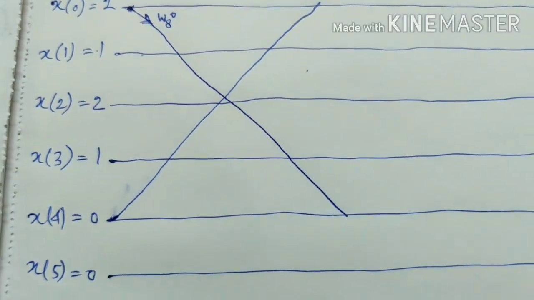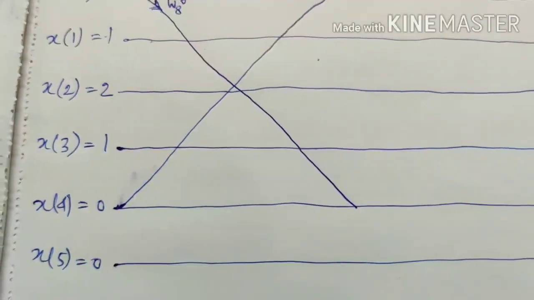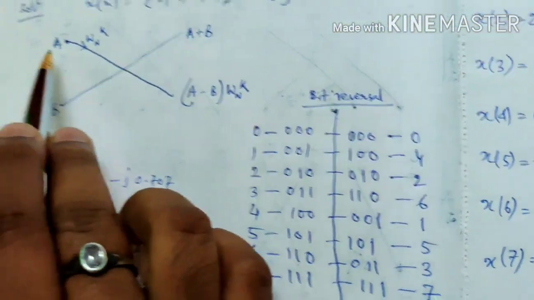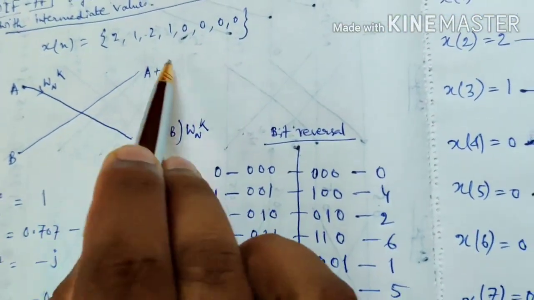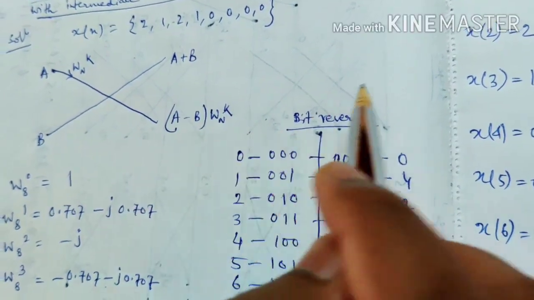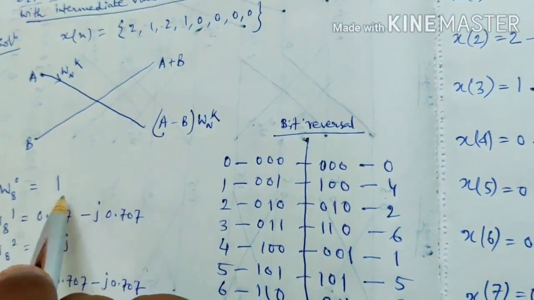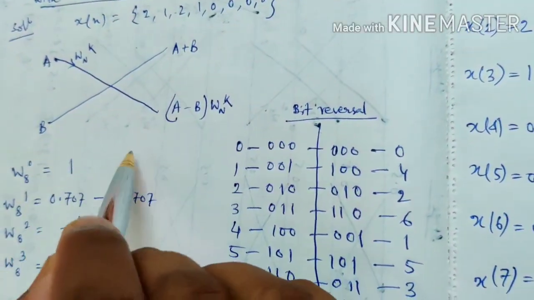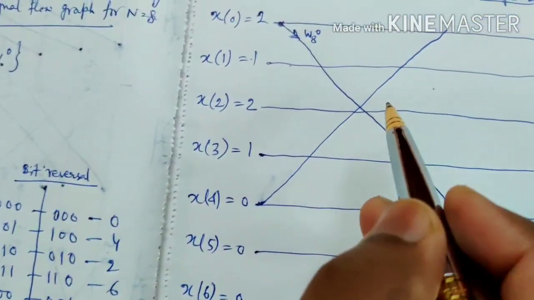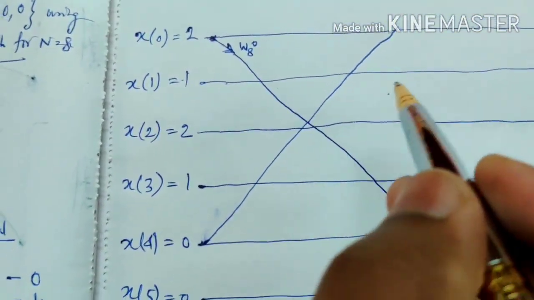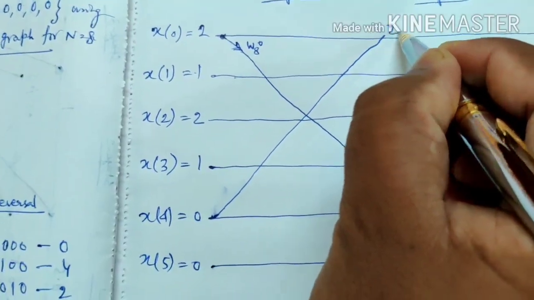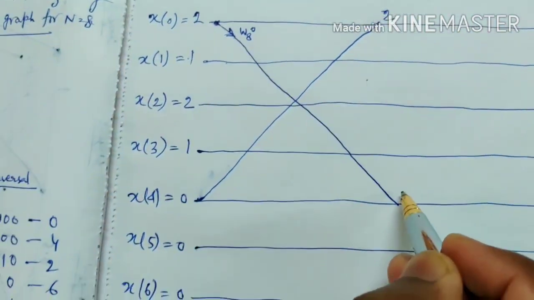The butterfly gives A plus B and A minus B into the twiddle factor. The twiddle factor value is 1 for the first case, so the result will be 2, and this will also be 2.